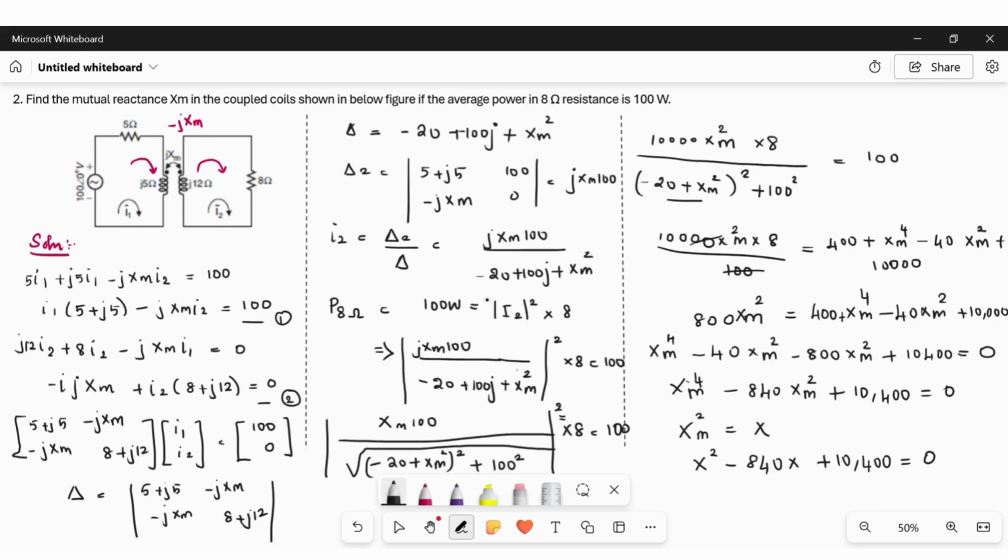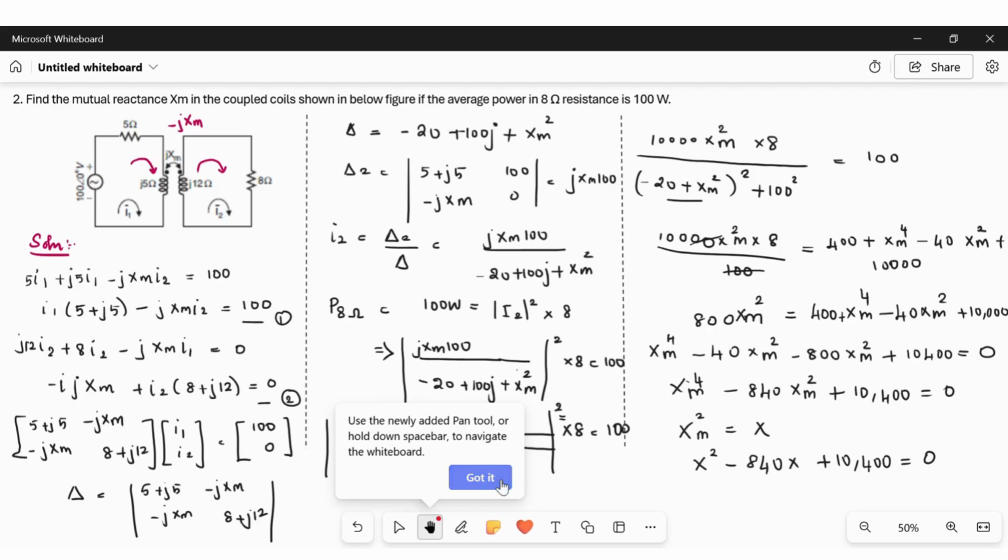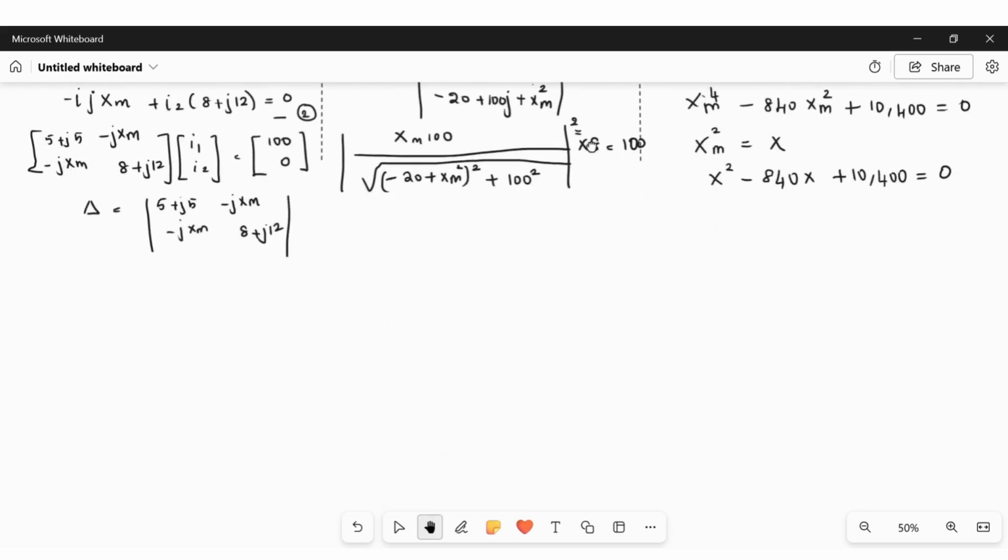Now we can solve for this quadratic equation. Solving it, we will get x is equal to 827.431 or 12.569.